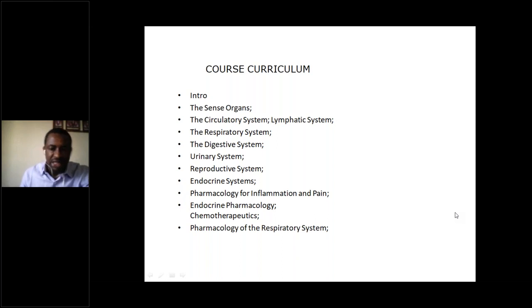We'll look at the different systems in the body: the circulatory system, the lymphatic system, the respiratory and digestive systems, the urinary system, reproductive system, the endocrine system. Then we're going to discuss the pharmacology for inflammation and pain. We will also look at endocrine pharmacology and chemotherapeutics. We'll be looking at pharmacology of the respiratory system. So these are some of the things that we are going to cover in this course curriculum.